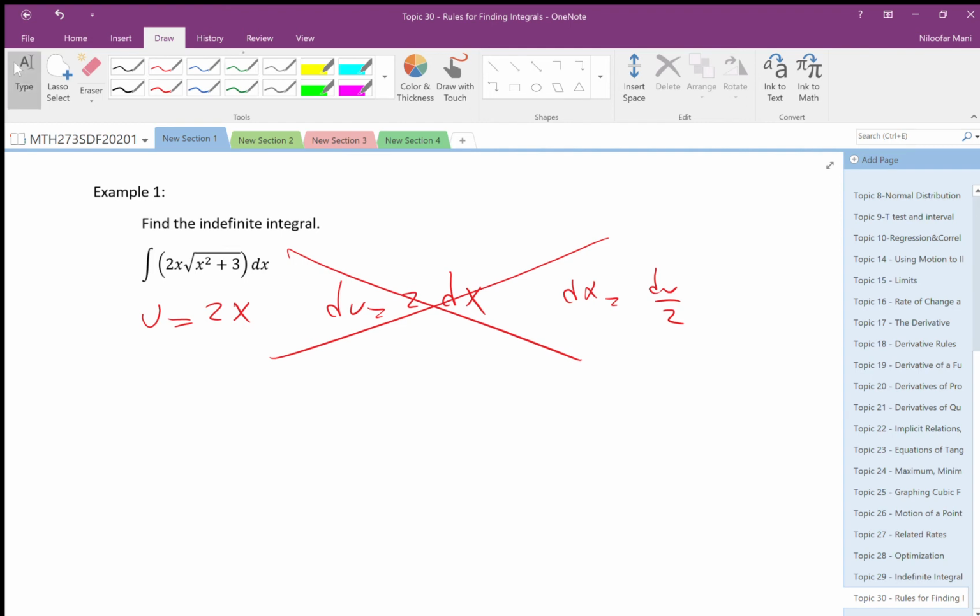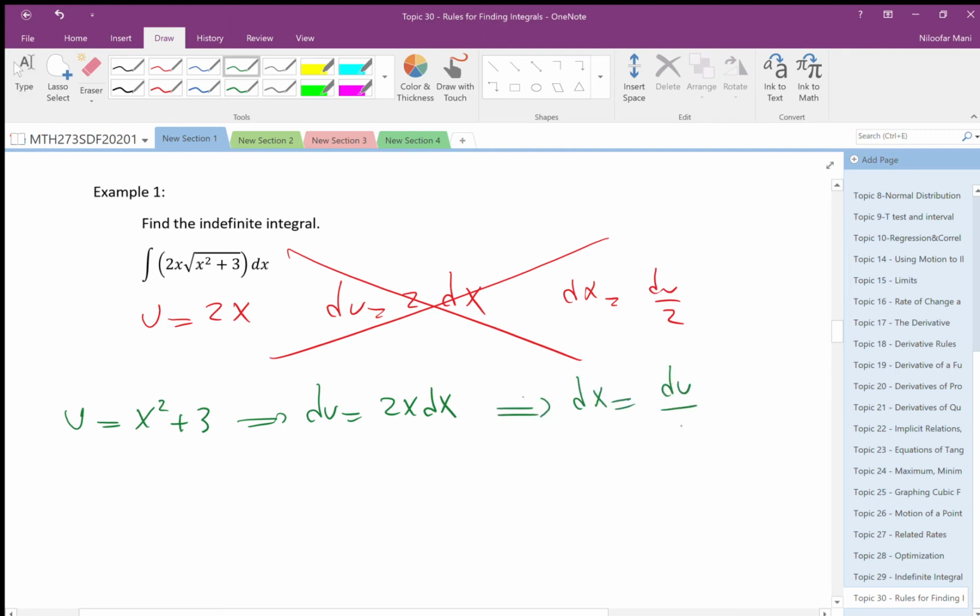Okay, so I say u must be x squared plus 3. I said don't take the whole radical, because then it is hard to find du. Okay, I do u this. What is du? du is 2x dx. What is dx? dx is du divided by 2x. Now I substitute.